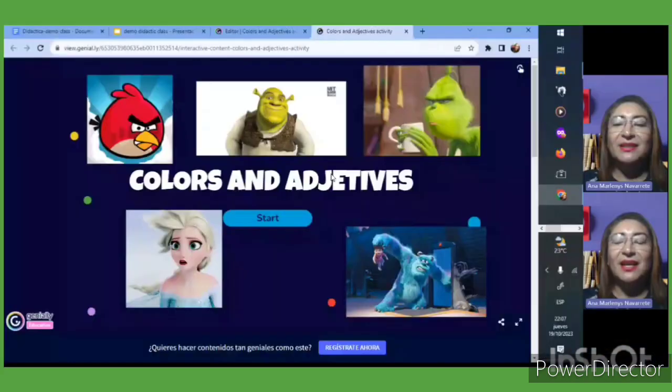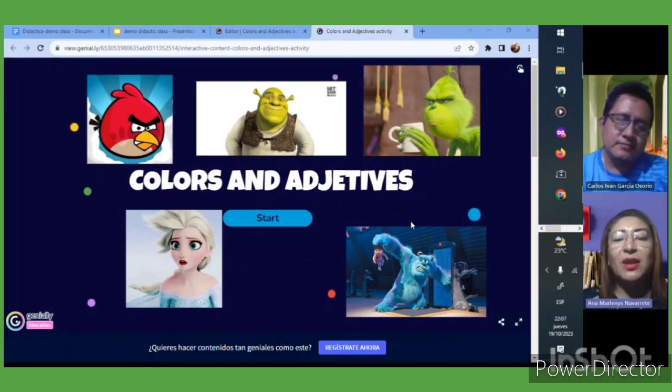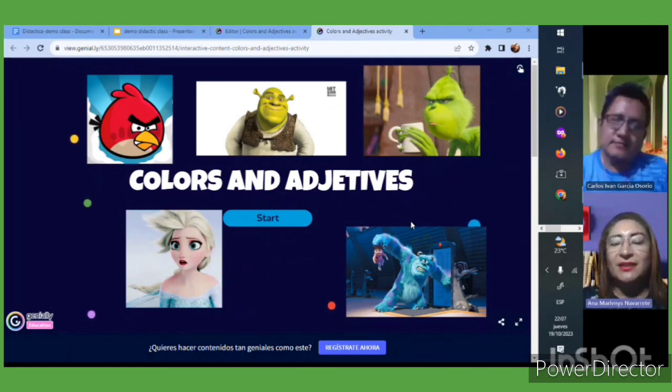Hello. In my case, I have an activity like yours, Carlos. This is continuing with the activity. You have presented some adjectives, and the students also know the colors and the adjectives. This activity is in the practice stage.